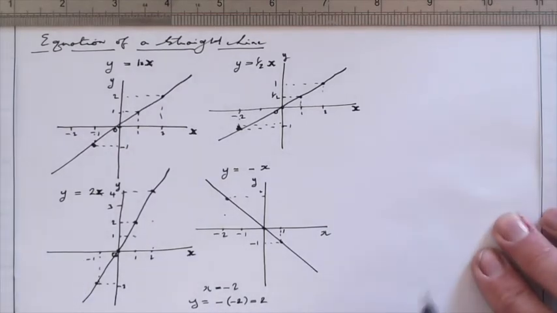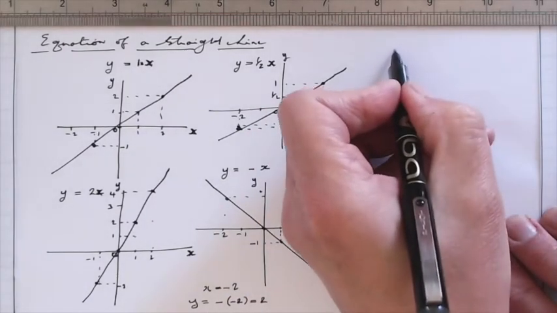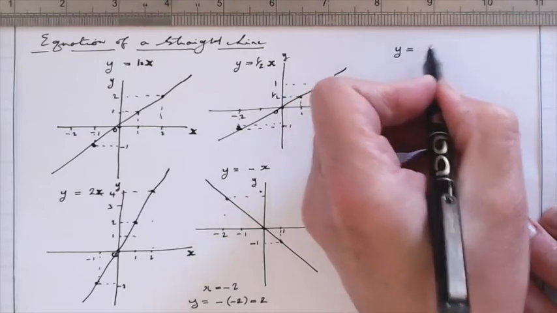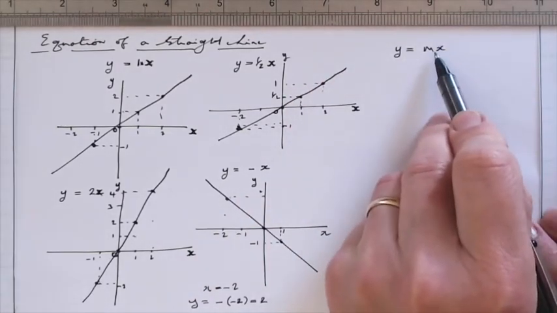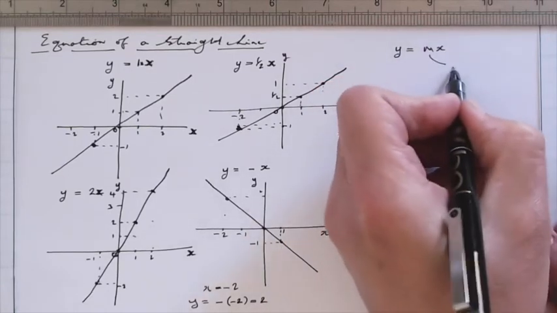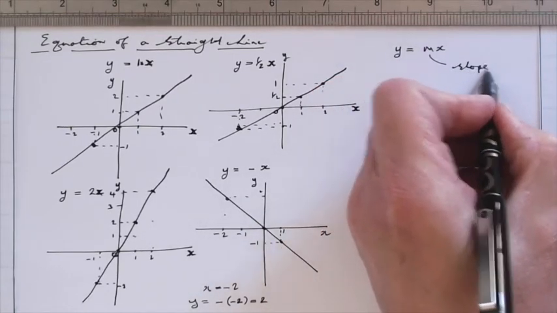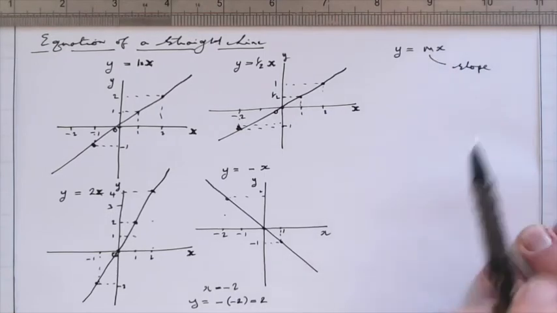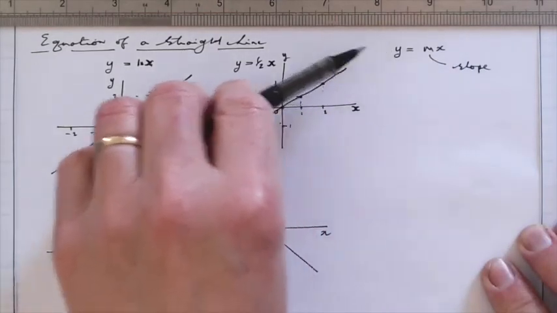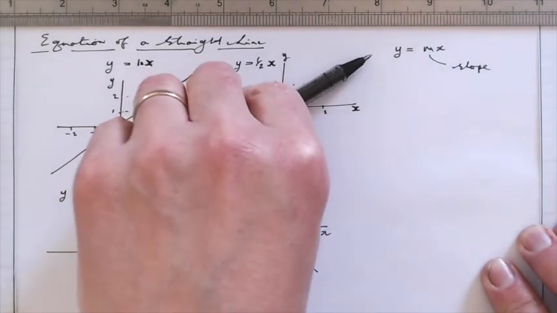So from all this, you can see that if we write y equals a number times x, and I'm going to call that number m, this m is the slope of the line. If m is a small positive value, we have a shallow line in this direction.